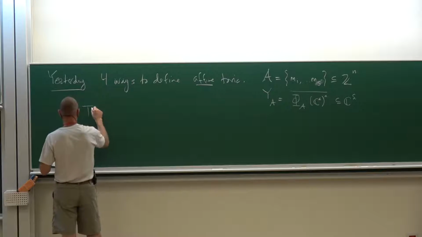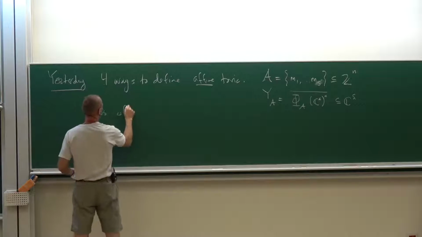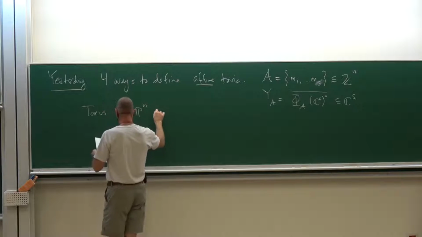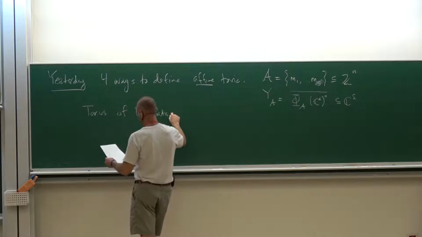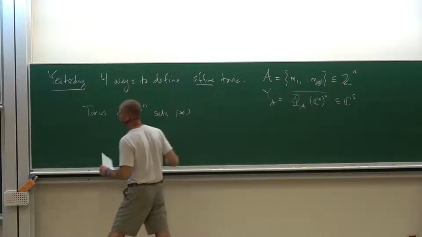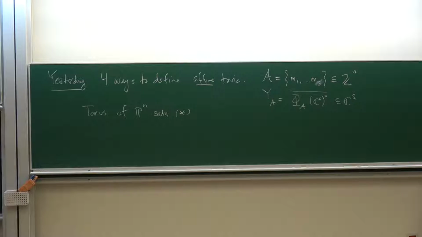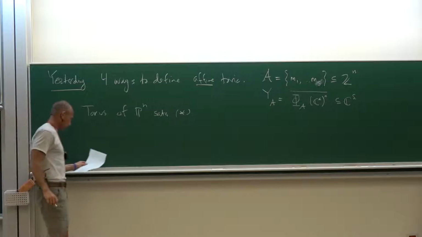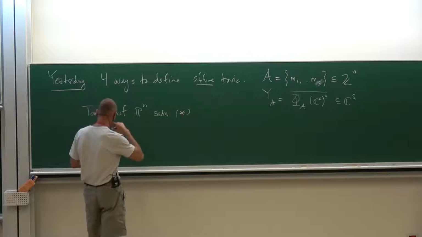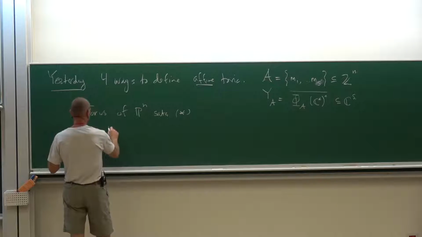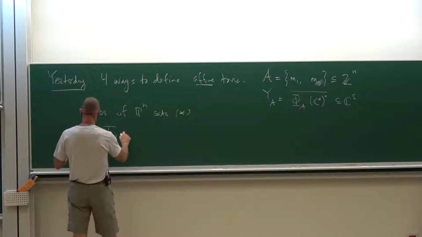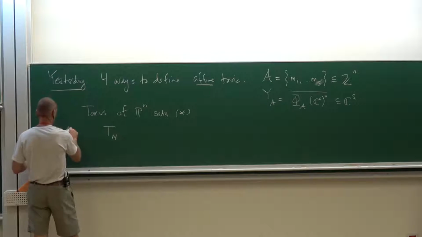So the torus, we know the torus of Pn satisfies star over here. And so the idea then is that we have T^n for an arbitrary toric variety.